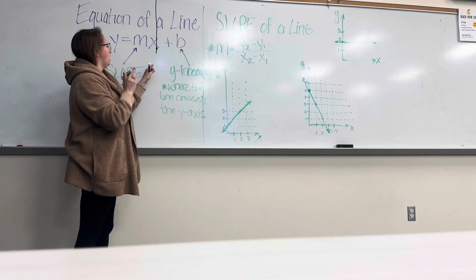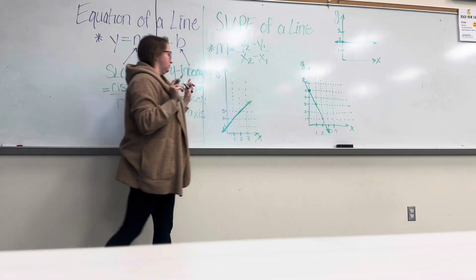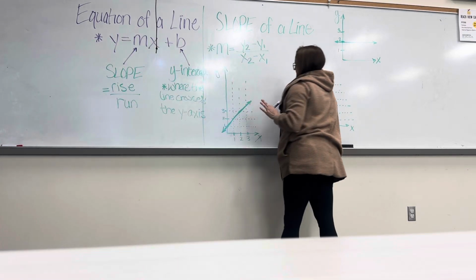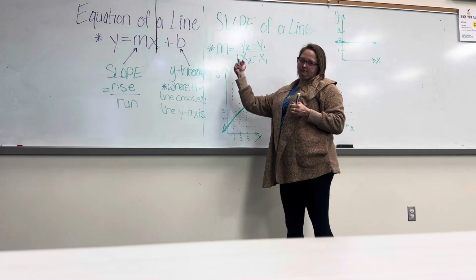So it's where your line crosses your y-axis. It could be positive, negative, doesn't matter, but that's where your y-intercept is because it intercepts the y.